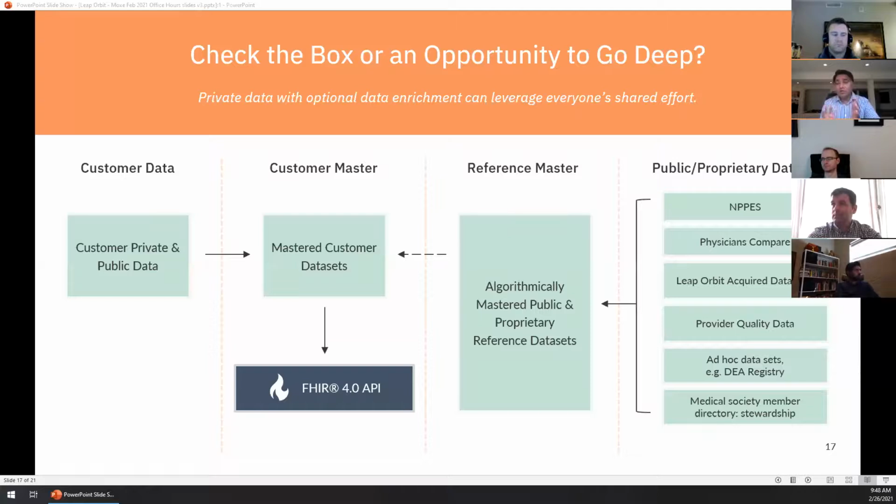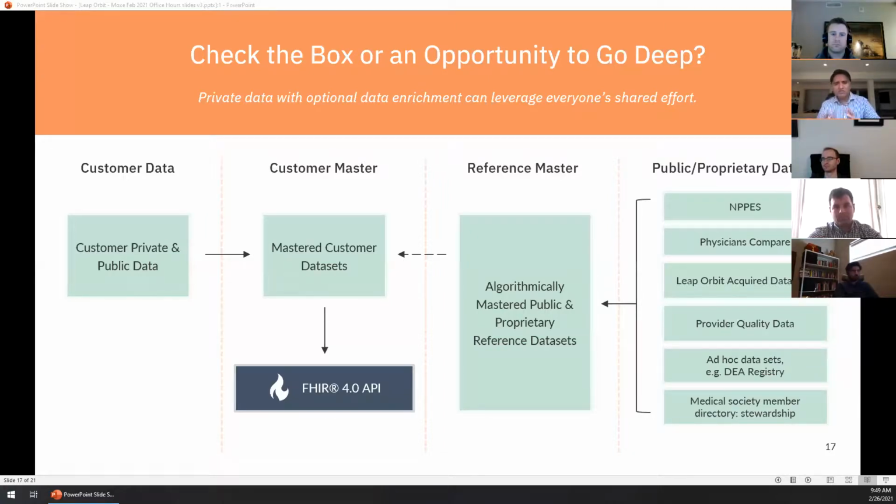And when you combine that data with your private data set, your own plan data, you have a very robust set of information that's validated and curated to make available to your members, but also developers that are trying to use that data set. So all through FHIR 4.0 APIs.